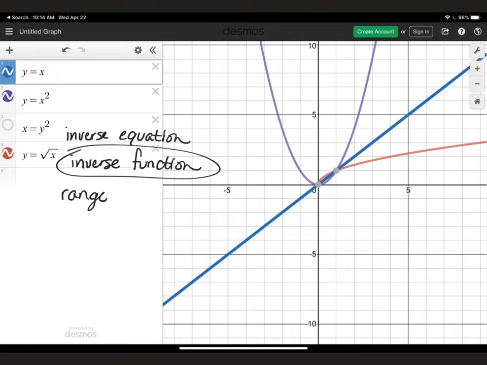So we say that the range is from 0 to positive infinity. This is also why when you take the square root of a number in your calculator, it's only going to ever return the positive number. And it will never give you the negative number because, again, we want a function to only return one output, not two.